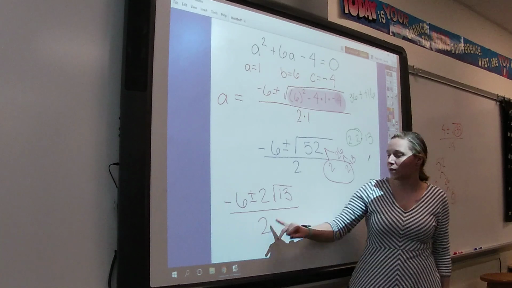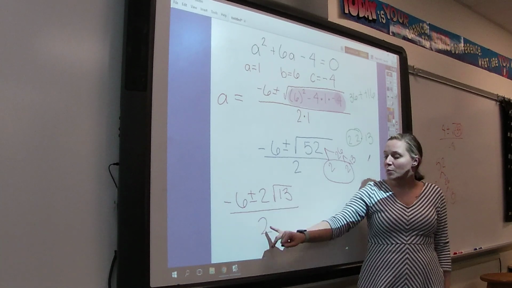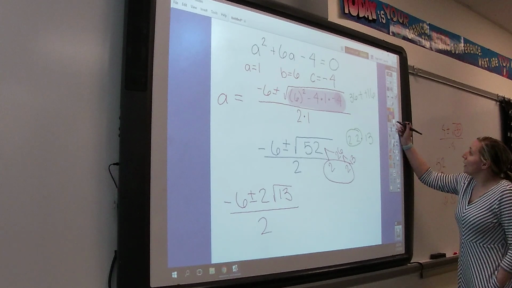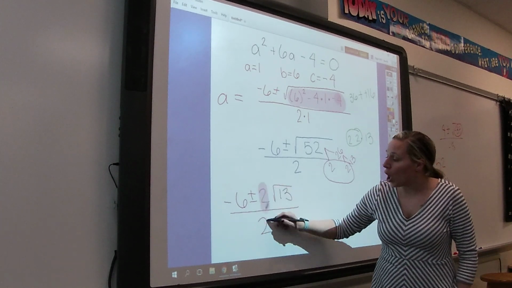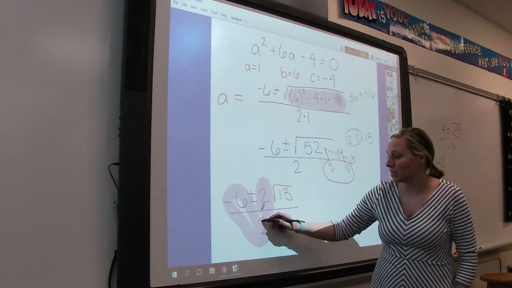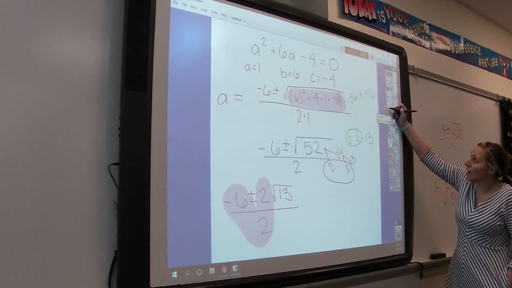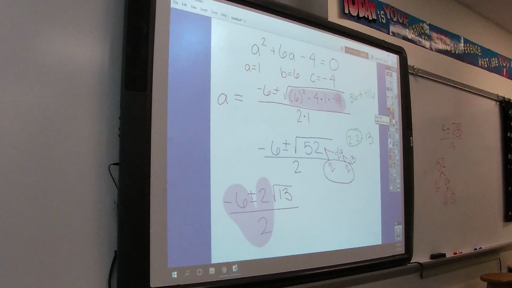So like this 2 can't be divided with the 13, but these all go together. So we need to look at all 3 of these numbers. We have to consider all 3 of them at once, and we need to ask ourselves, can we think of anything that will go into -6, 2, and 2? 2, right? We can reduce them all by 2.